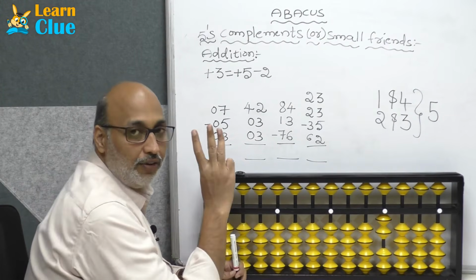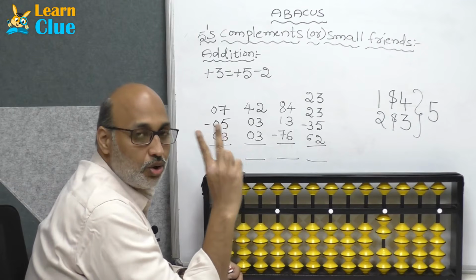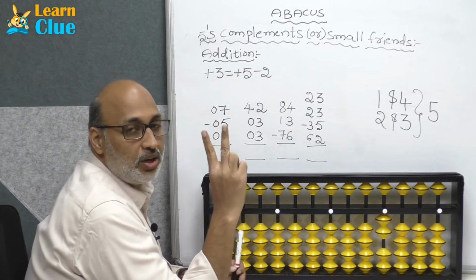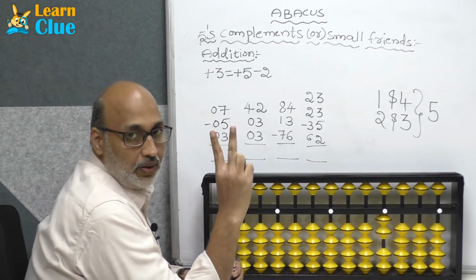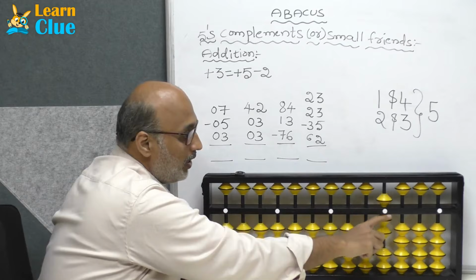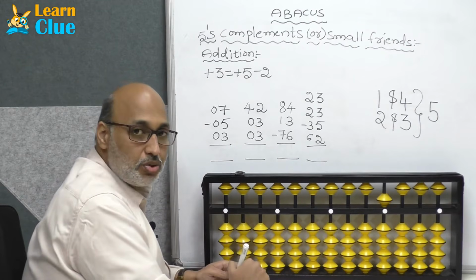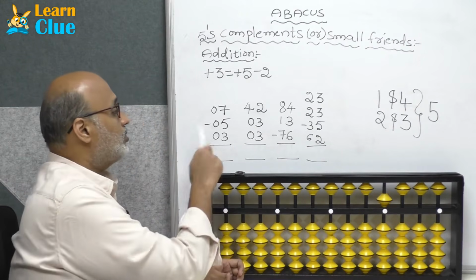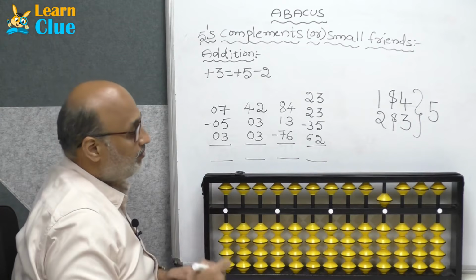So what exactly is the 2 going to do? The 2 is going to subtract. Plus 5 minus 2. Now tell me what is the answer?